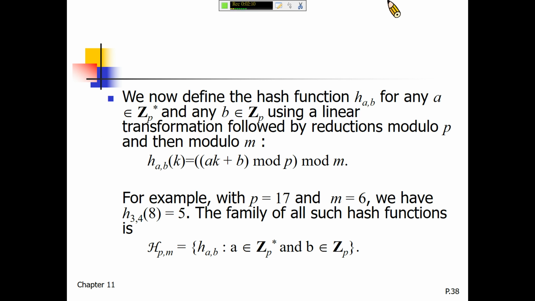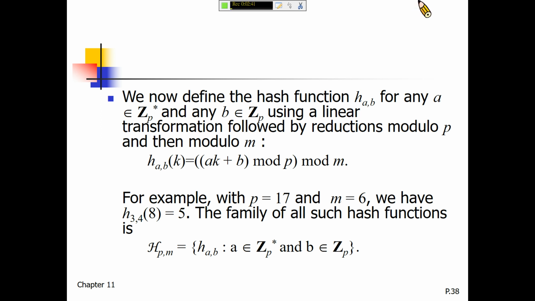For example, with p equals 17 and m equals 6, we have h_3,4(8) equals 5. The family of all such hash functions is H_pm equals {h_ab : a belongs to Z_p star and b belongs to Z_p}. So each hash function h_ab maps Z_p to Z_m.